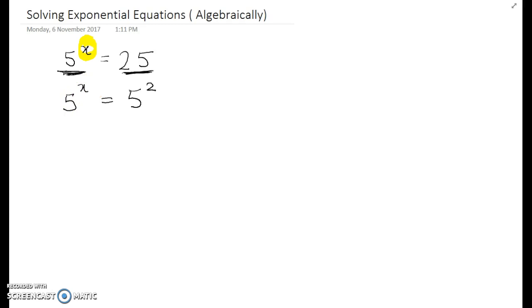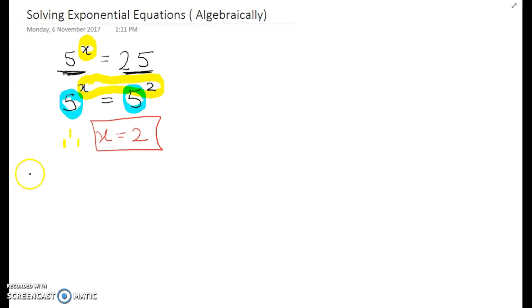When you have the same base, which is 5 on both sides, and an equal sign, the indices have to be equal for the equation to hold. So we can write x is equal to 2, and that solves the equation. This one is pretty simple.